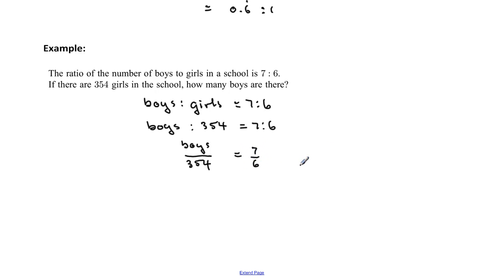So that's in fraction form, and therefore if you rearrange that, the number of boys must be equal to, now we're going to multiply 354 on both sides, and 7 over 6 times 354 is 413, which means there must be 413 boys in this school compared to the 354 girls.